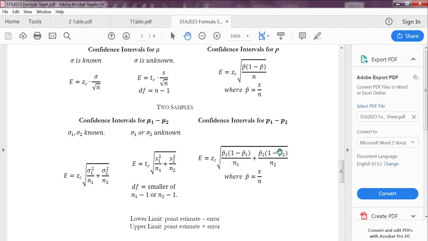Okay, let's go find our formula, because this formula is not as pleasant as some of the others. Well, it's okay. It's right here. So it's going to be the difference. We're going to subtract mu1 minus mu2, but we don't have mu1, so we're going to do x bar 1 minus x bar 2, and then we're going to calculate the error. So here we go.